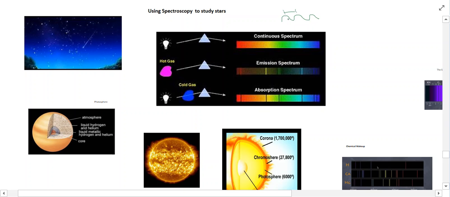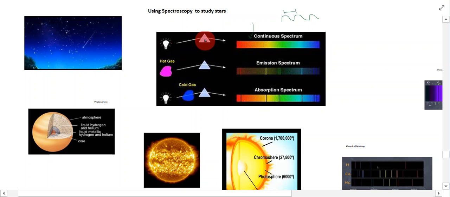And each of those lengths is associated with a particular color that you see here on this, what's called a continuous spectrum. So within white light, all of the wavelengths or all of the colors of light are present within the light that's given off by white light.